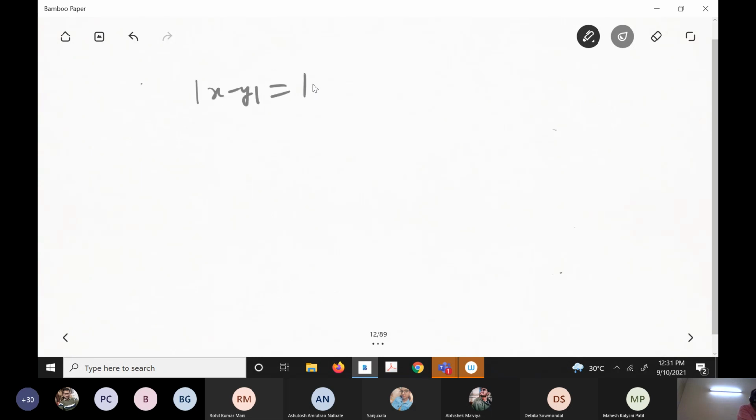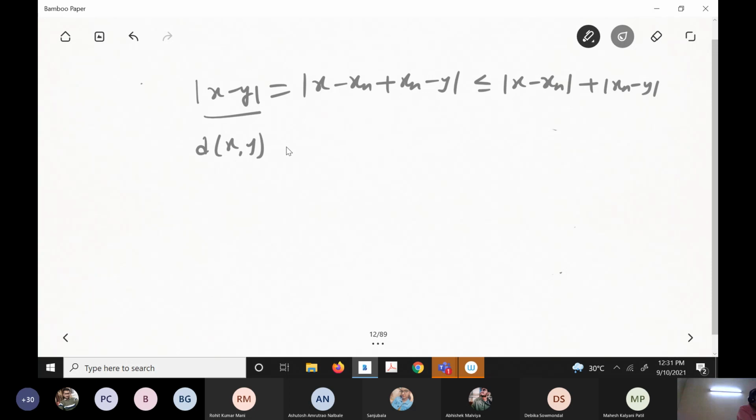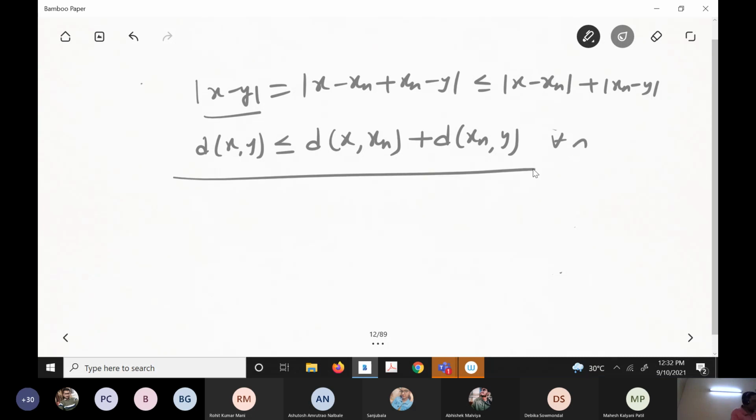Basically, you are using this: d(x, y) is at most d(x, xn) plus d(xn, y). So by the triangle inequality, if you introduce xn in between, you use it.